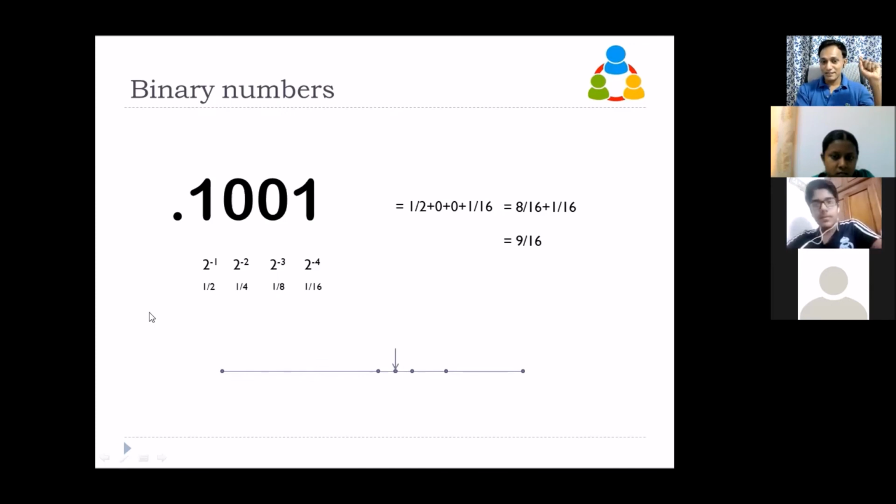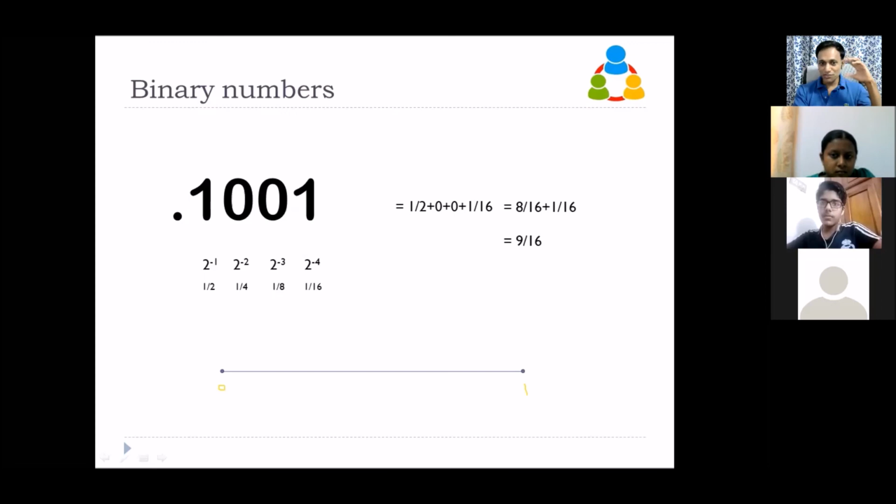Okay, just look into this again. Then I will explain once again. With that, we'll stop. Assume this is 0 and this is 1. The only thing we can do is to use either 0 or 1. Between 0 and 1, where is this number we want to find out?